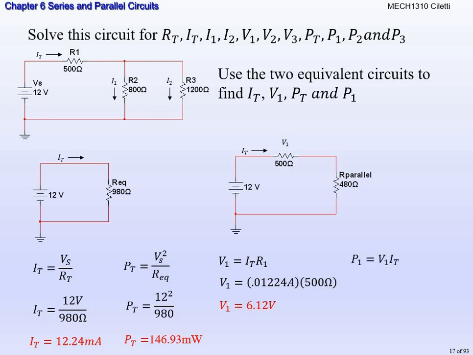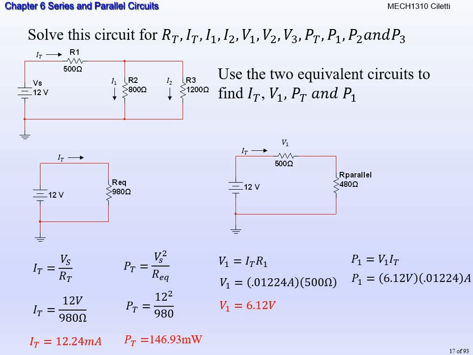But lastly, since we know now everything about what's going on at R1, we can find the total power at resistor 1 that is dissipated. Power equals what? We know V1 and we know the total current now. Okay, I could have used the I squared R as well. I could have used total current squared times 500, but we can use this one as well.